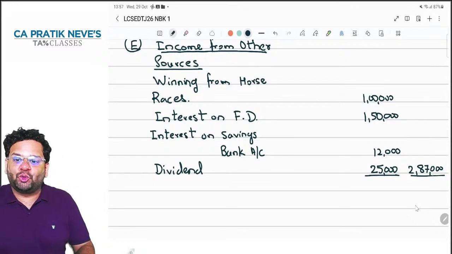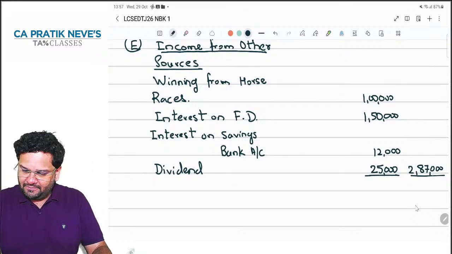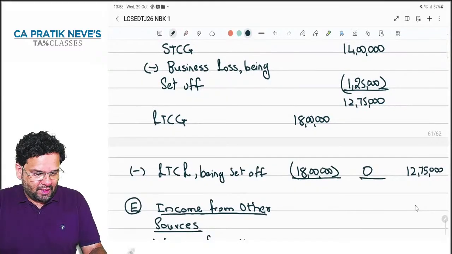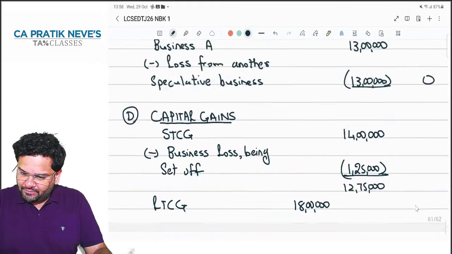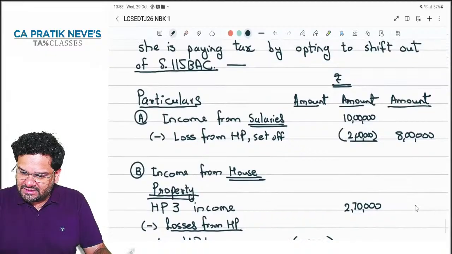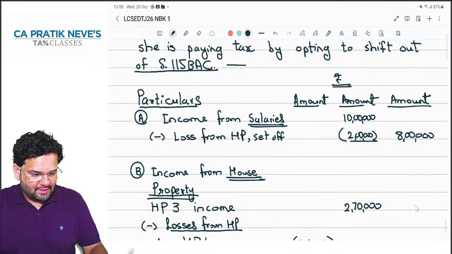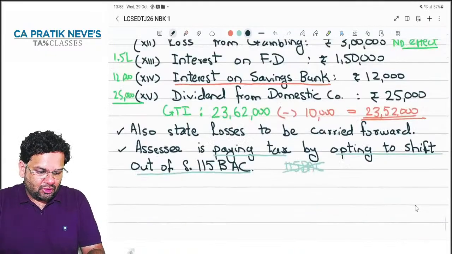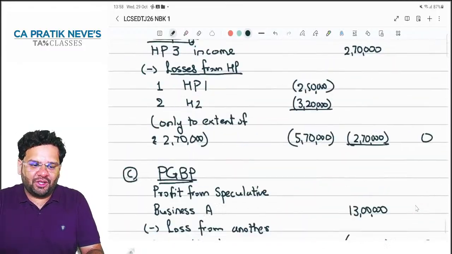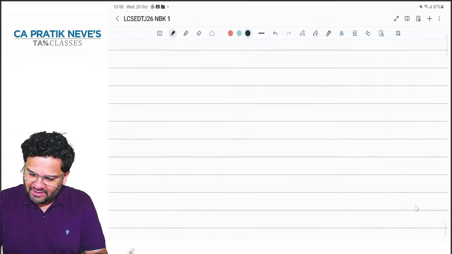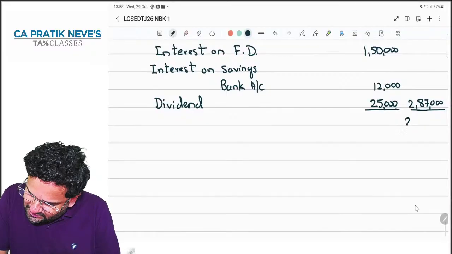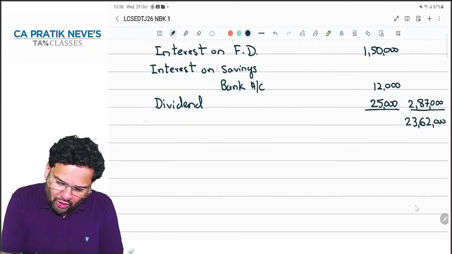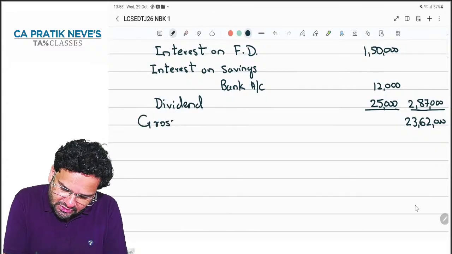Can you take total of 287 plus 1275 plus 8 lakhs? Are you getting 23,62,000? So friends, 23,62,000 will be called as gross total income.